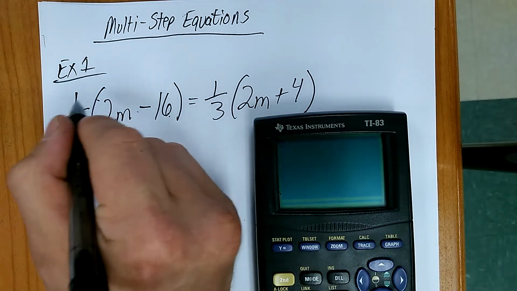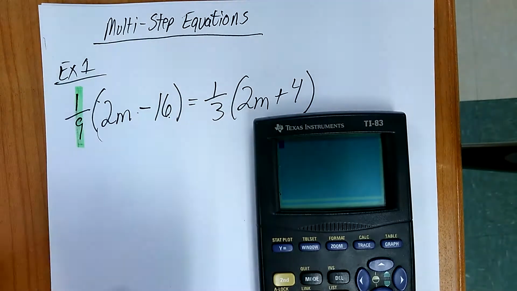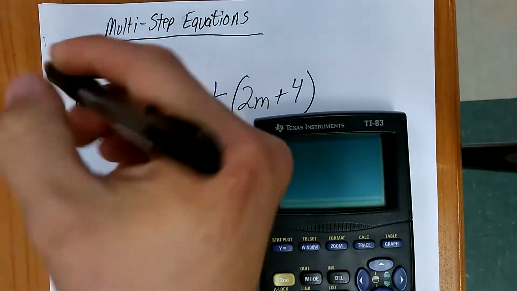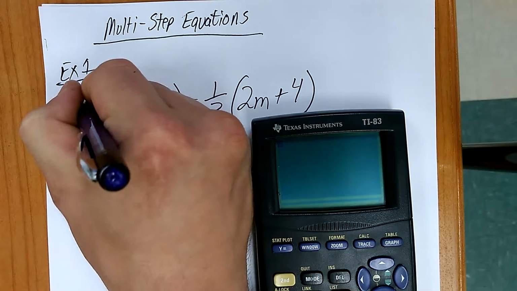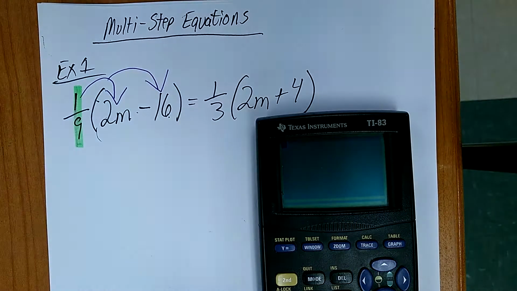So we take this number 1/9 and distribute it to the 2m and the negative 16. And again, make the Angry Bird effect. You have to hit everything inside of the parentheses.